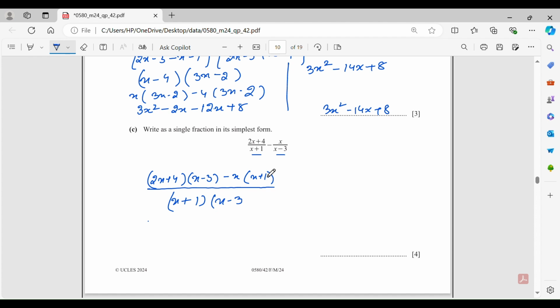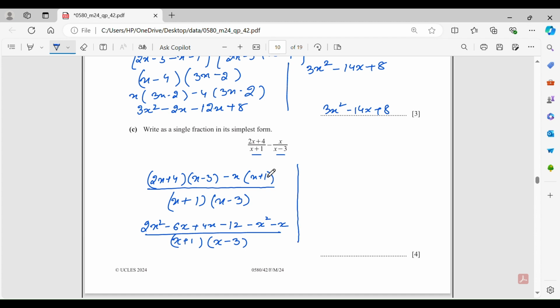So 2x square minus 6x plus 4x minus 12 minus x square minus x over x plus 1 and x minus 3, right? We will solve this.